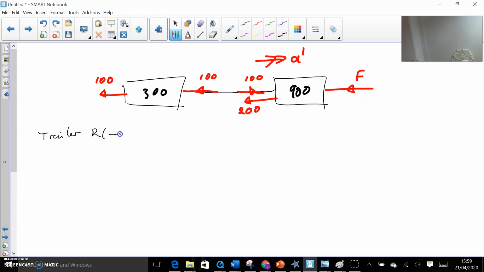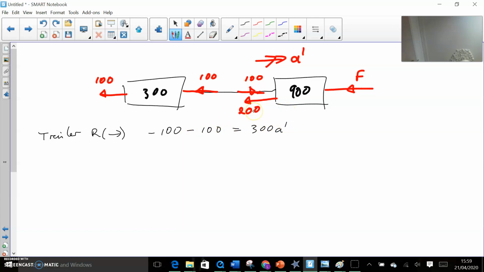I always pick the direction of motion. It's moving to the right, even though it's slowing down, it's still moving to the right. So what do we have? We have minus 100, minus another 100. The first one is the resistance, the second one is the thrust, equals mass times A dash.